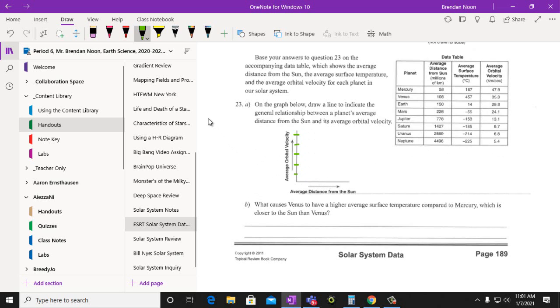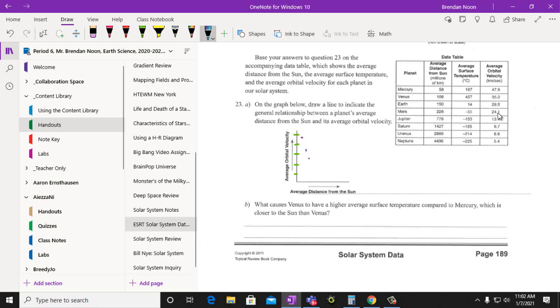So let's pick a new color, blue. We'll say this is 47.9, and that's close to here. Then we have 35, so this was 10, 20, 30, and 35 is about here. Then we have 29, a little bit farther, about here.